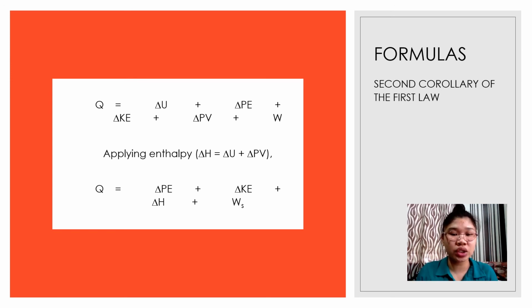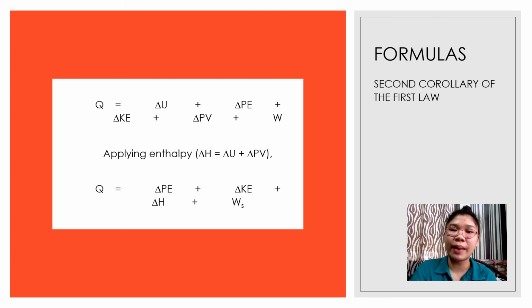Substituting delta H, we have change in potential energy, plus change in kinetic energy, plus change in enthalpy, plus work, is equal to our heat. That is the application of the conservation of energy to open systems.